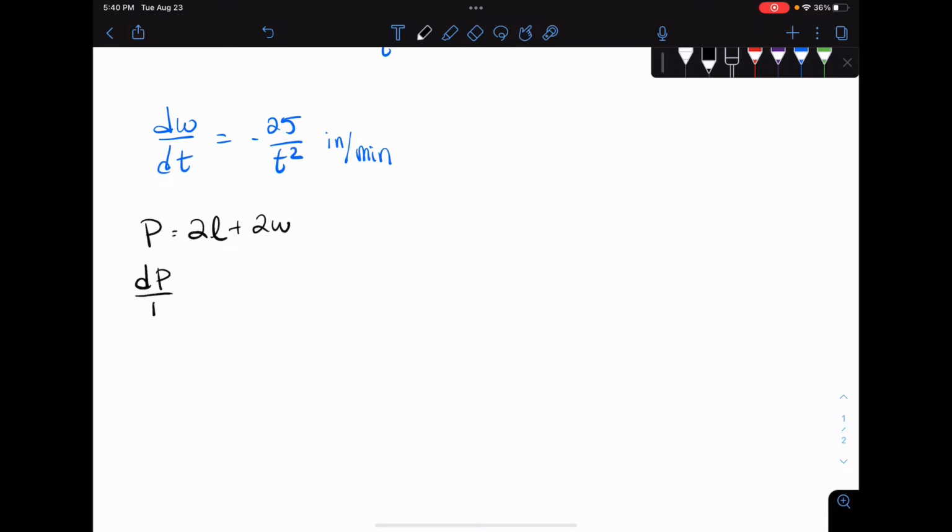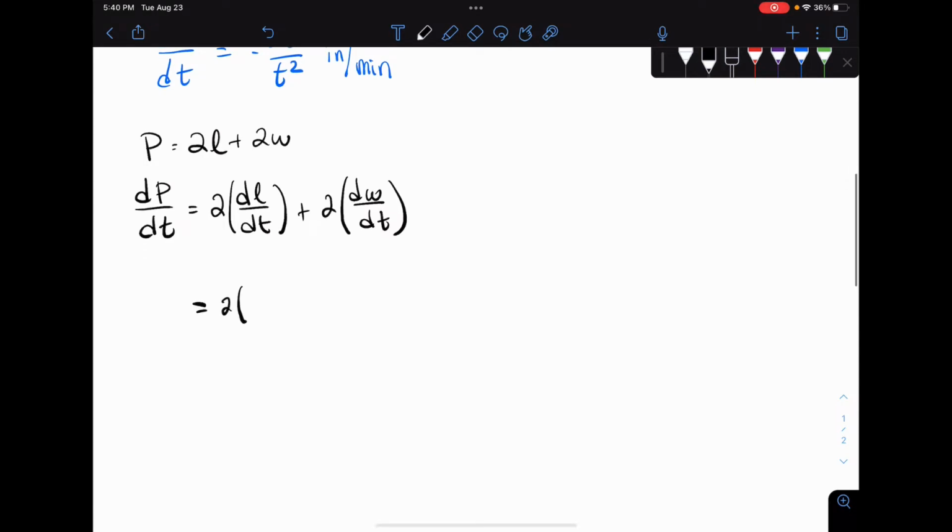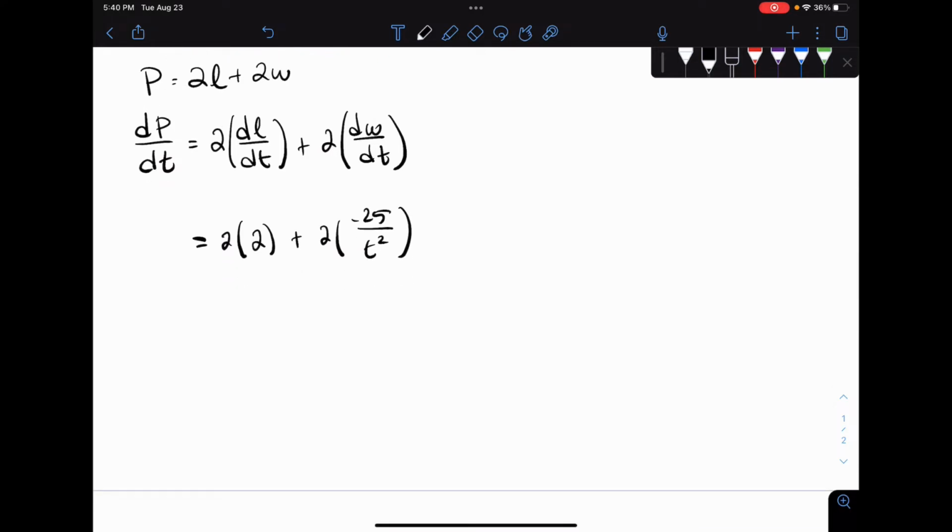So dP/dt is going to equal 2 times dL/dt plus 2 times dW/dt. Plugging in, we get 2 times 2 plus 2 times negative 25 over t squared. This gives us a rate of change of P equal to 4 minus 50t to the negative 2.